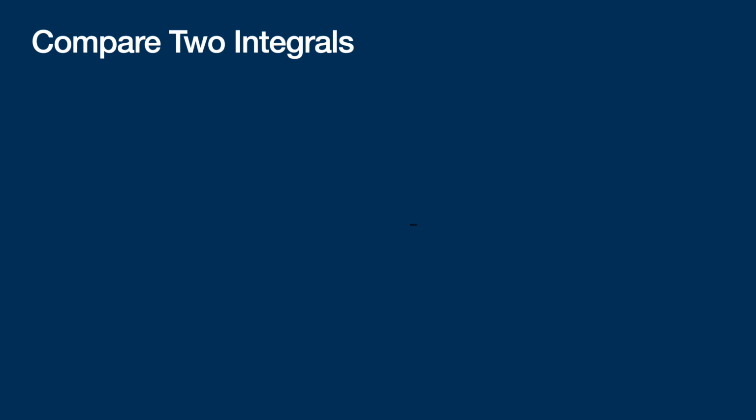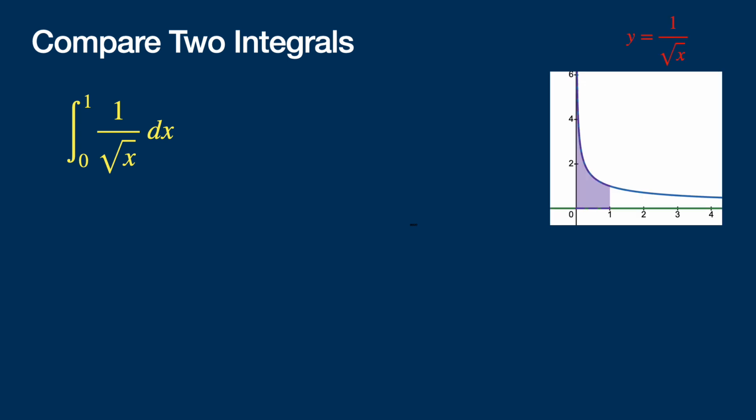Let's think about two different integrals, guys. The first one is the integral from 0 to 1 of 1 over square root x dx, which is an improper integral, because as you see in the graph, we're going to find the area below the curve from 0 to 1, and x equals 0 is the vertical asymptote. That's why it's an improper integral.